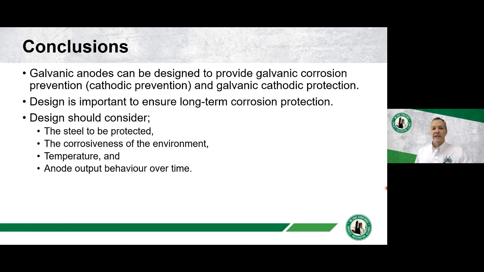The design needs to consider a bunch of different factors. We've talked about these and some others, but we definitely need to think about the total amount of steel to be protected. We need to think about the corrosivity of the environment. We need to think about the temperature, and we definitely need to think about the anode output behavior over time, because we have to look at this design not as the design in the moment when the job is done, but as a design that needs to be functional for the desired design service life.